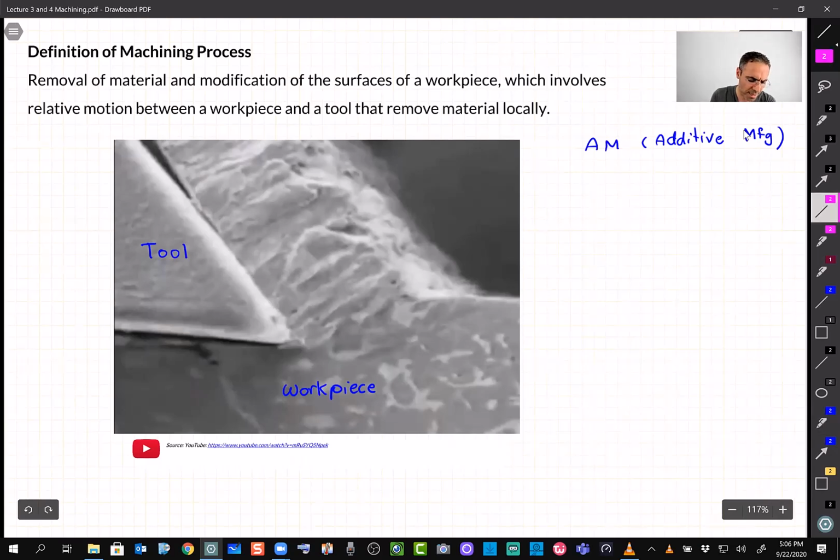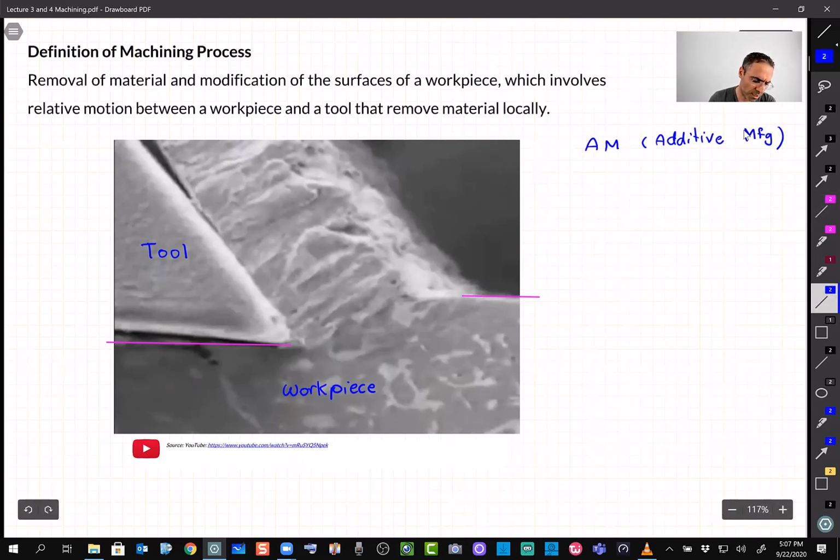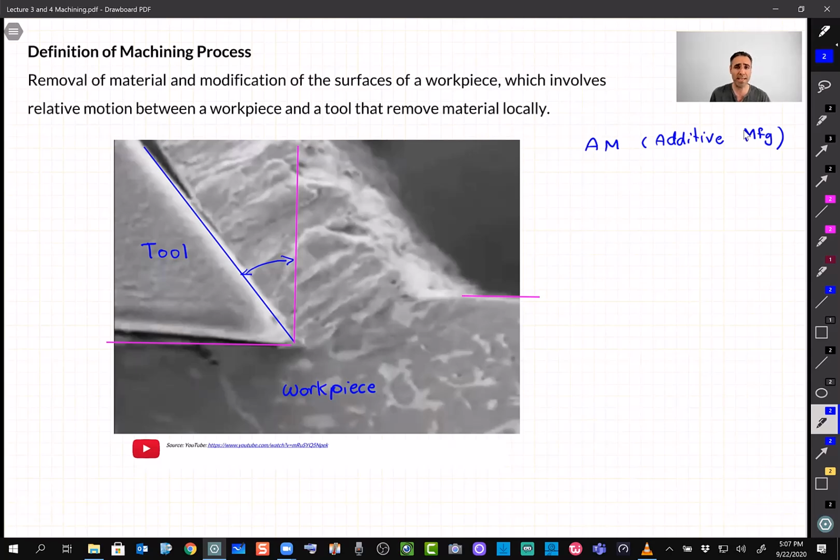Then we can say this surface is the surface that has been machined, and this is the original surface. If I draw a line tangent to this tool approximately, and another line perpendicular to the machined surface, this angle is an important angle which we can control by the way we hold or adjust the tool.